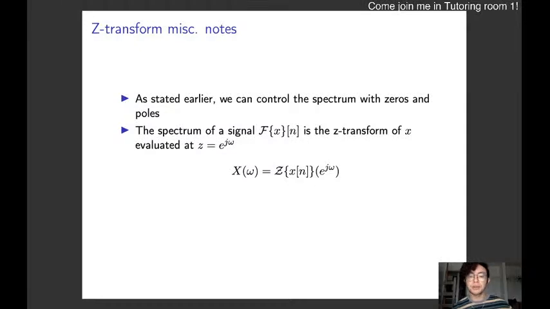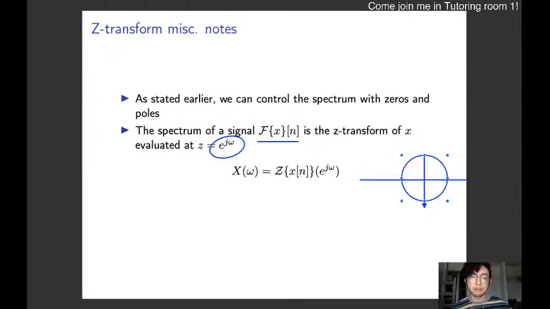And this is because the Fourier transform is actually just the Z transform, but we're evaluating our Z transform on the unit circle. We're taking the Z transform and plugging in a certain value of z. Notice that the unit circle can be parameterized by e to the j omega, where omega is just a real number. So if we take values along this unit circle, it's parameterized by our complex exponential in the z domain.